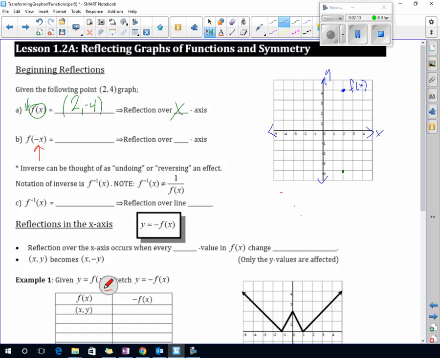So what is that a reflection of? Y. Okay, so from this time on, you need to know that f of negative x is a reflection over the y-axis, and negative f of x is a reflection over the x-axis.